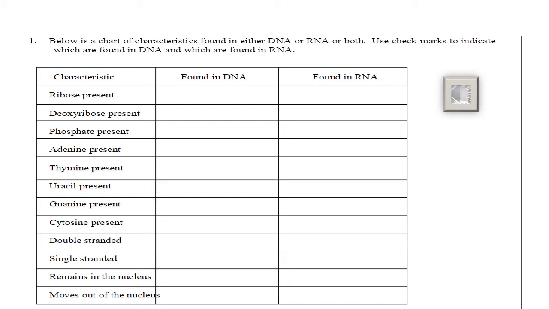Adenine is present in both. Thymine, which is T, is found in DNA, not found in RNA. Uracil, U, present where?